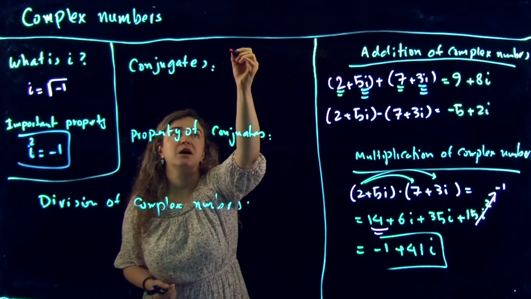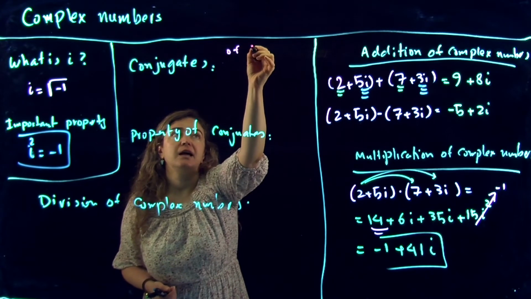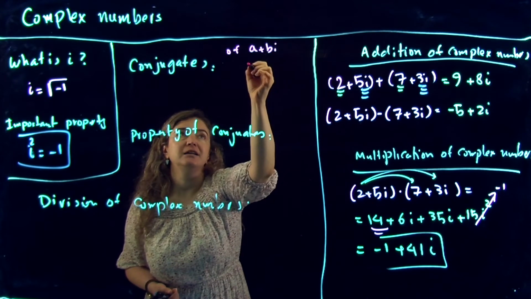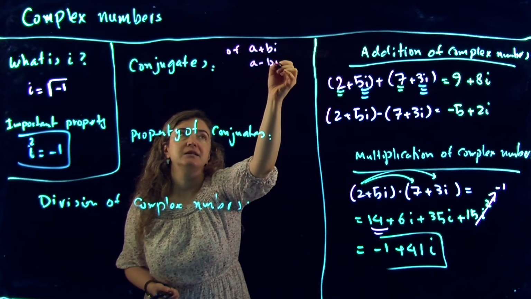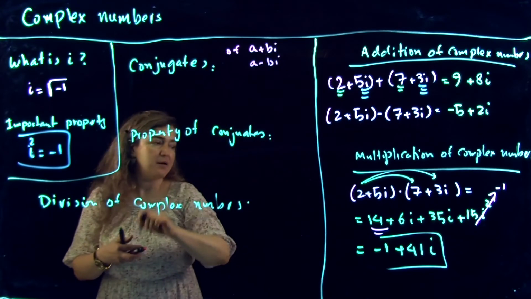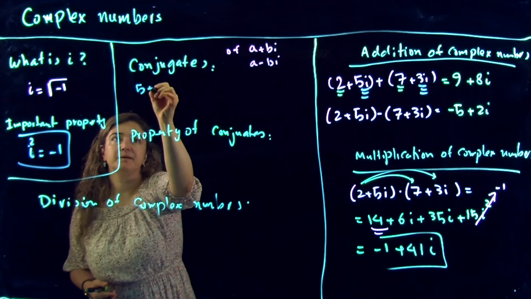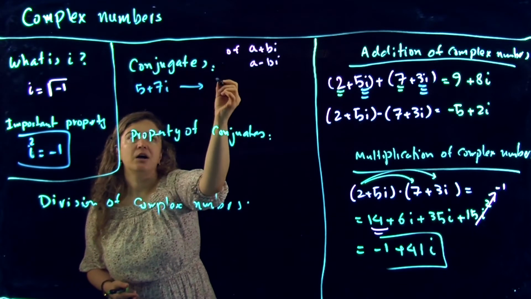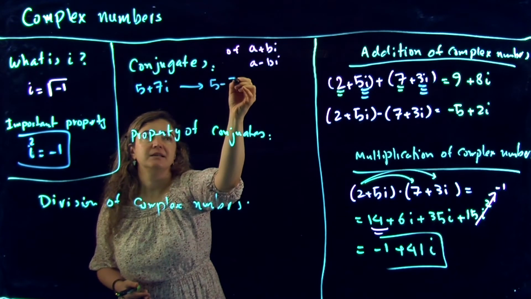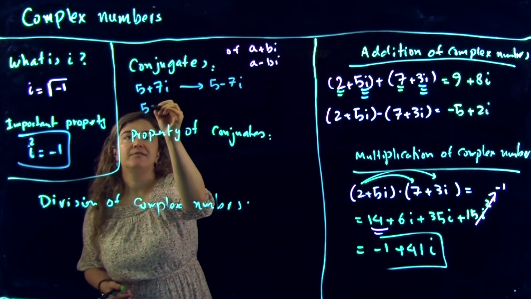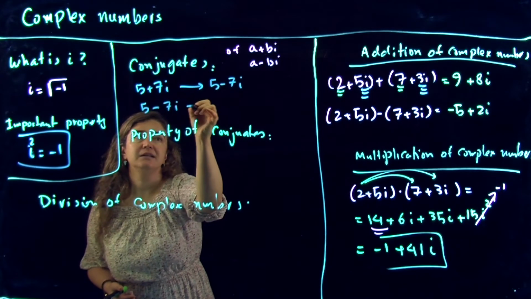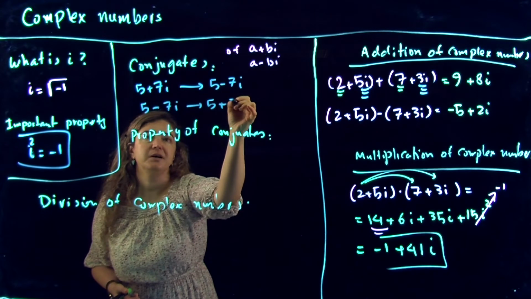The conjugate of a plus bi is a minus bi. So for example, if I have 5 plus 7i, the conjugate would be 5 minus 7i. Or if I have 5 minus 7i, the conjugate would be 5 plus 7i.